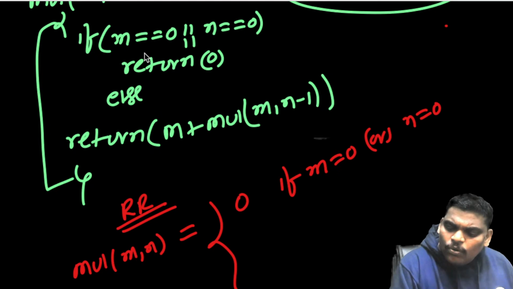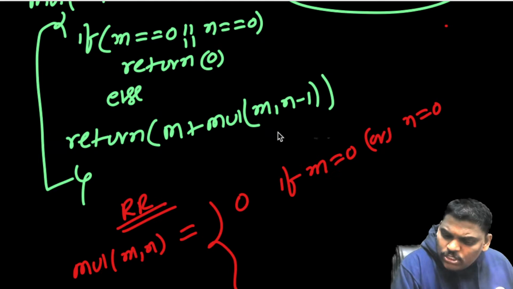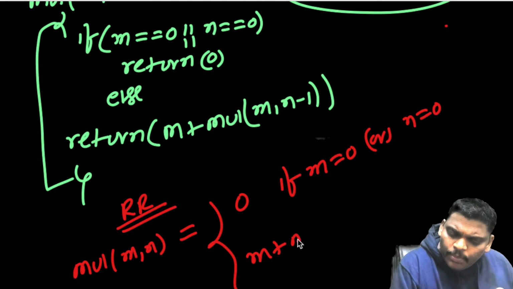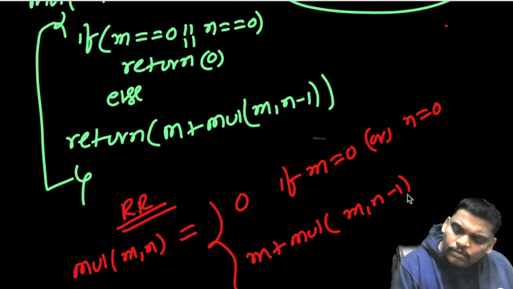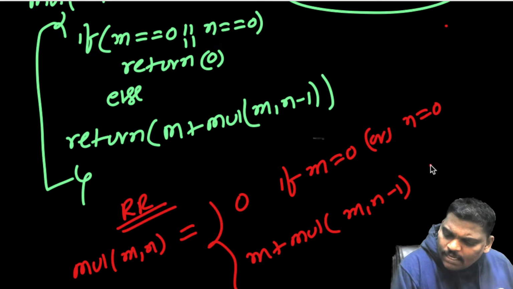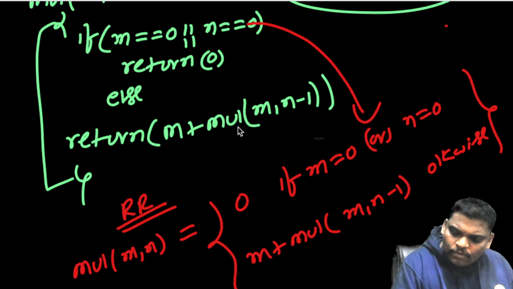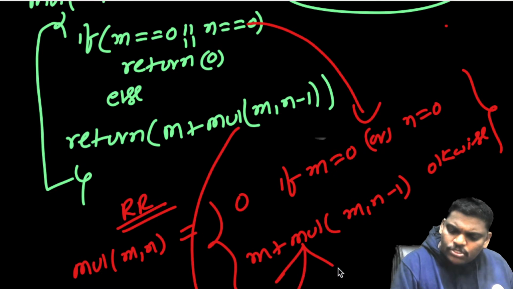If any one is 0, return 0. Suppose no one is 0, come to the else part: m plus multiplication of m comma n minus 1. Otherwise means else, these are other cases. First part, second part, nothing there. As it is copy.